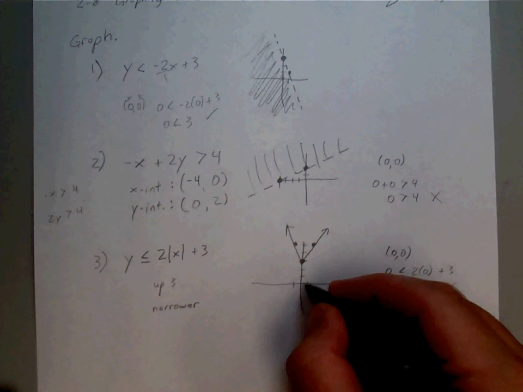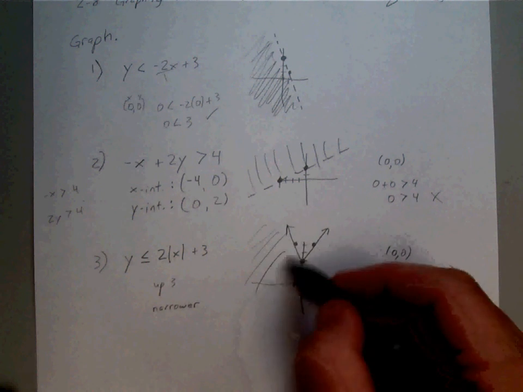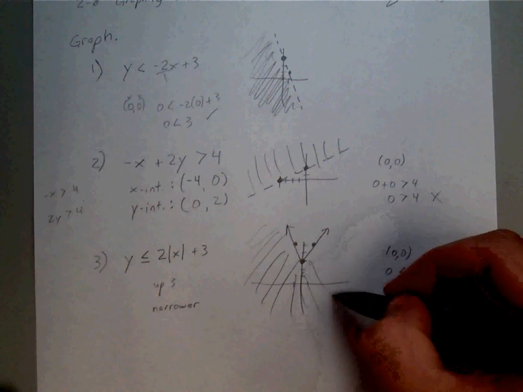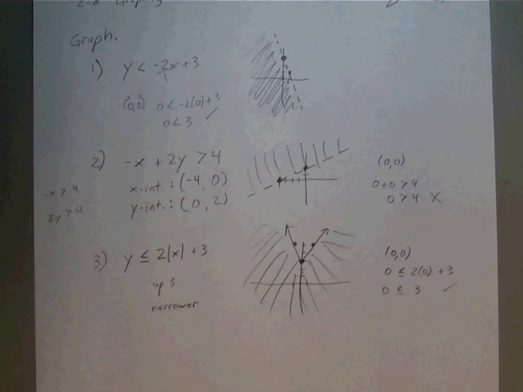That's true. So 0, 0 is a solution, and it's outside the V, so I should be shading everything outside of the V, nothing inside. That's where the solutions are located. All right, there's a quick overview of graphing absolute value inequalities and linear inequalities. There are more examples in the book if you need them. But good luck.